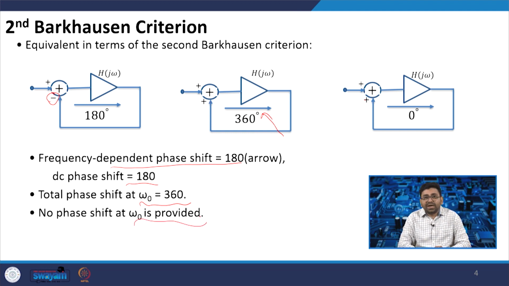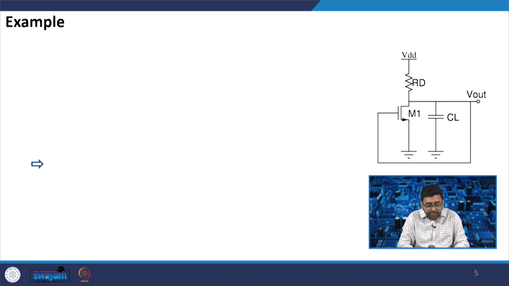So, this is the Barkhausen criteria for achieving the oscillation. Now, this is the first example: can this circuit oscillate?